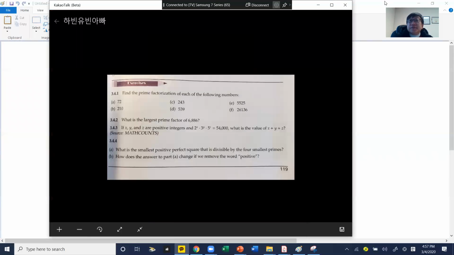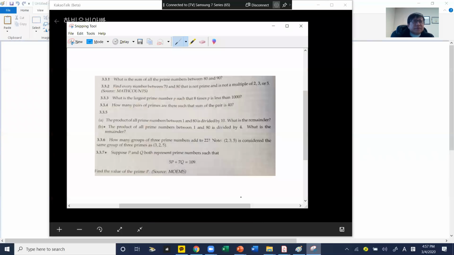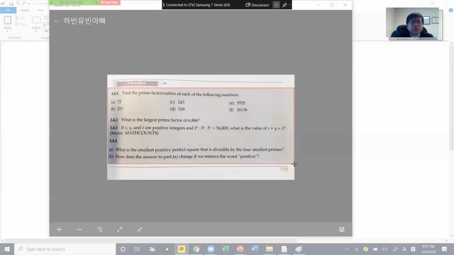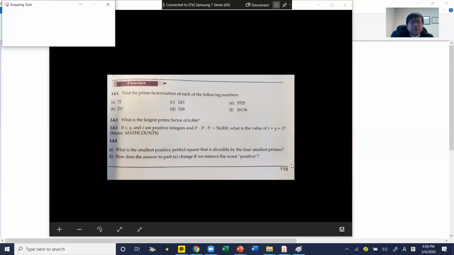Prime factorization. I did it up to F. I got it. Don't you have any questions for that? I haven't been able to finish it.